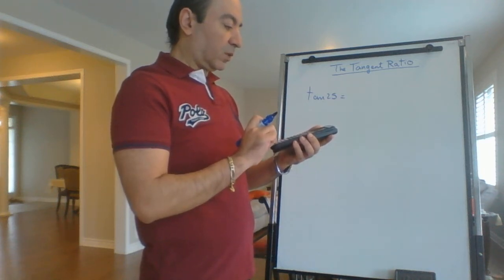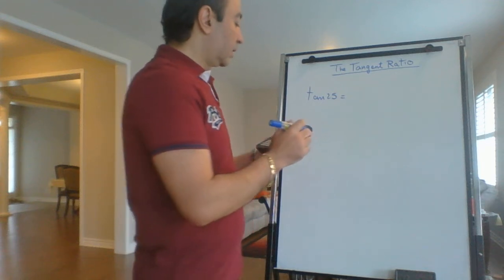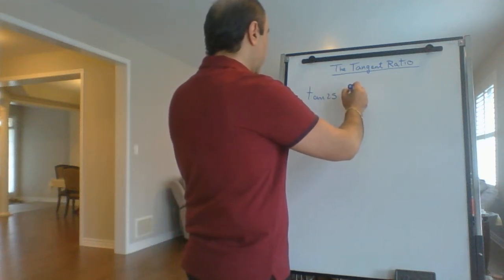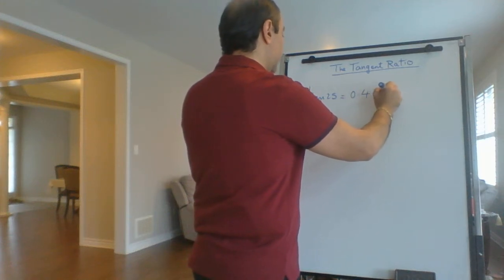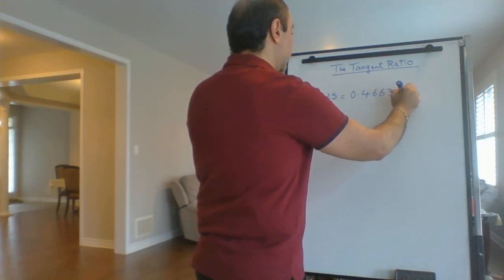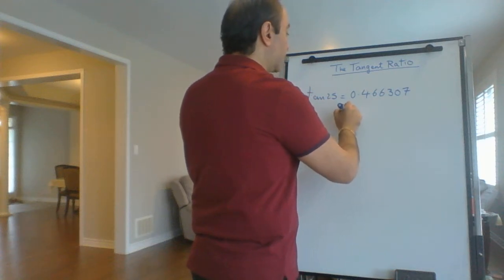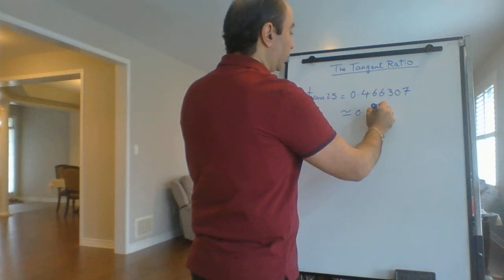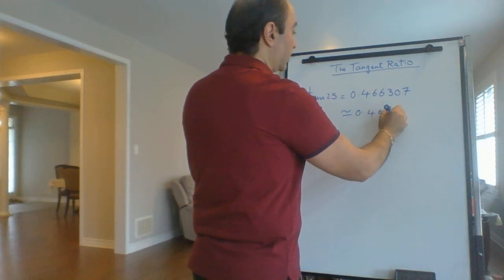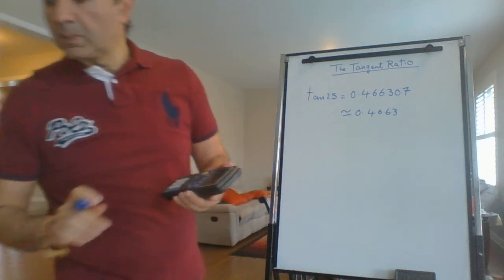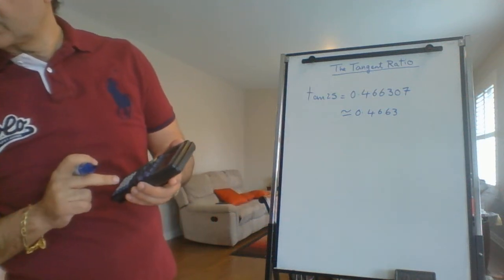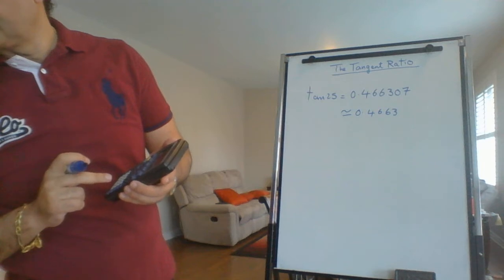You put it between brackets and then you hit enter. You will find that the answer is 0.466307. We round it to the fourth decimal place, so 0.4663.